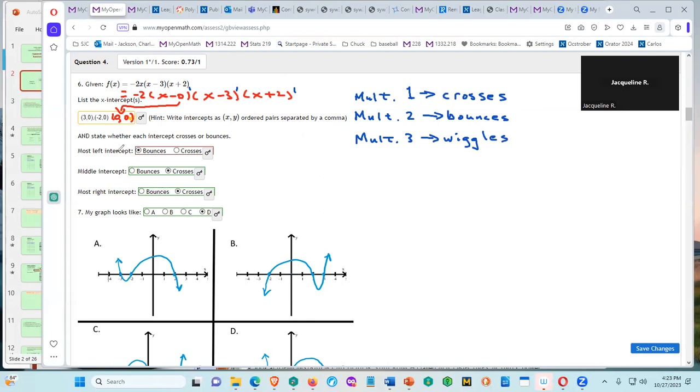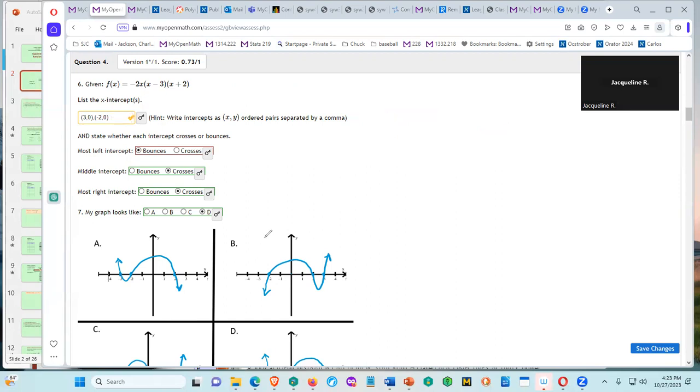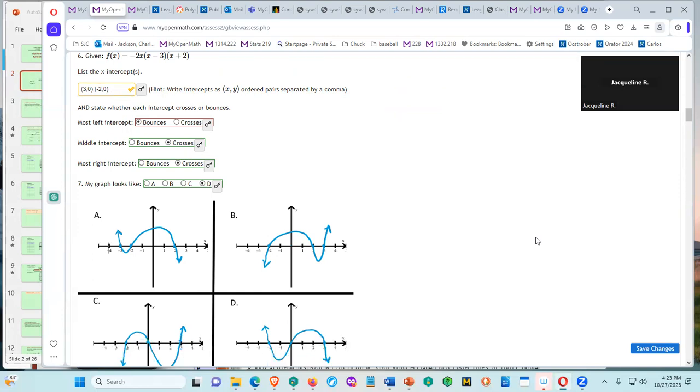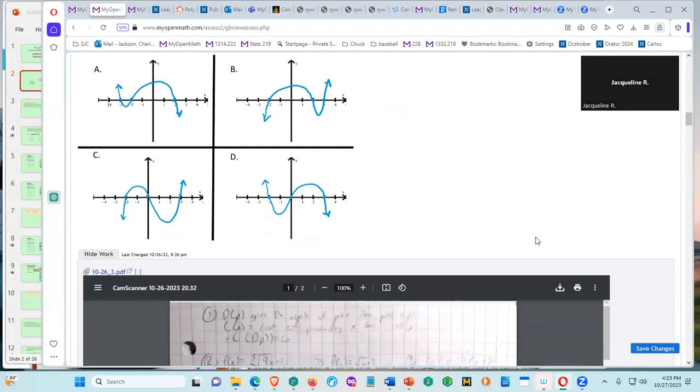The leftmost intercept, which is, well, let's see, the graph goes 0, 3, -2. So the leftmost is going to be the -2. Let's see.